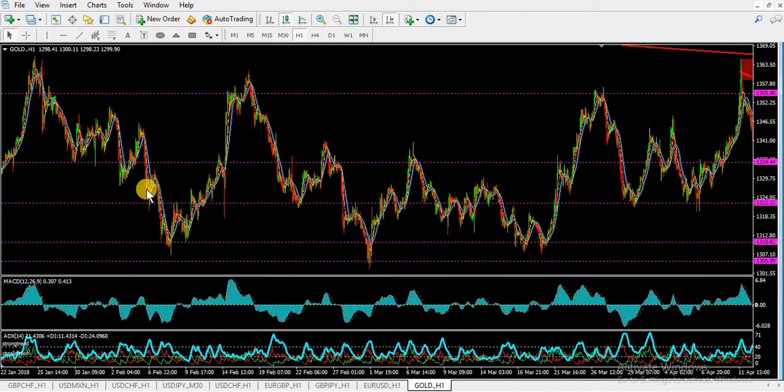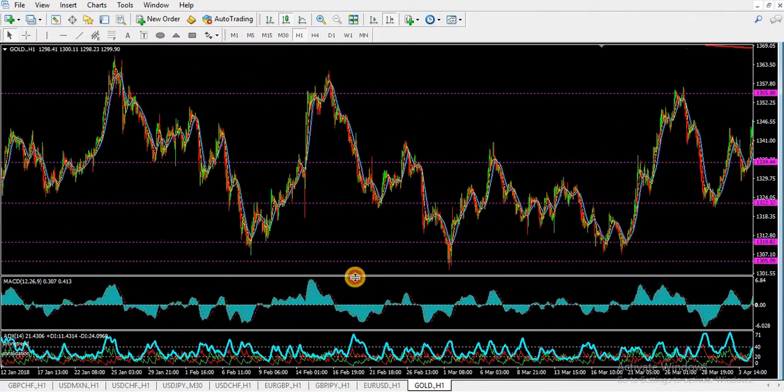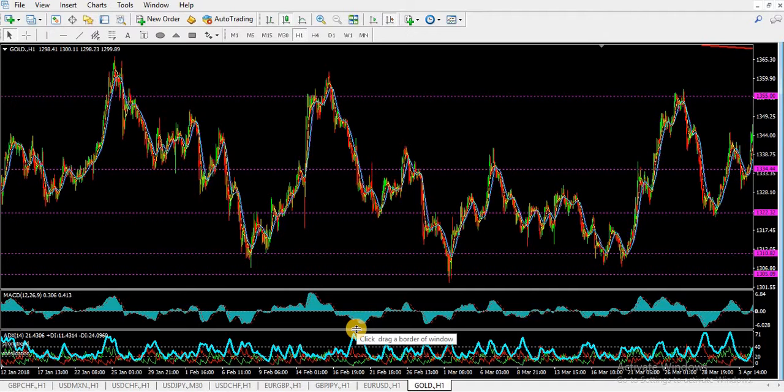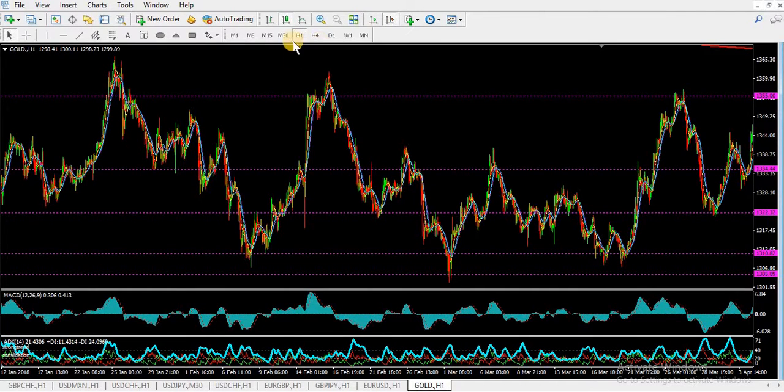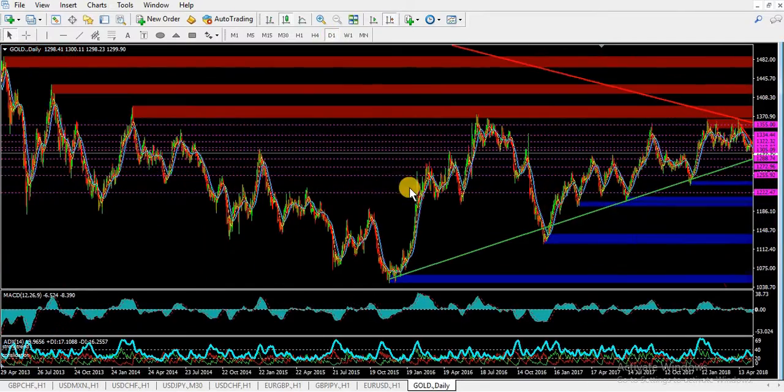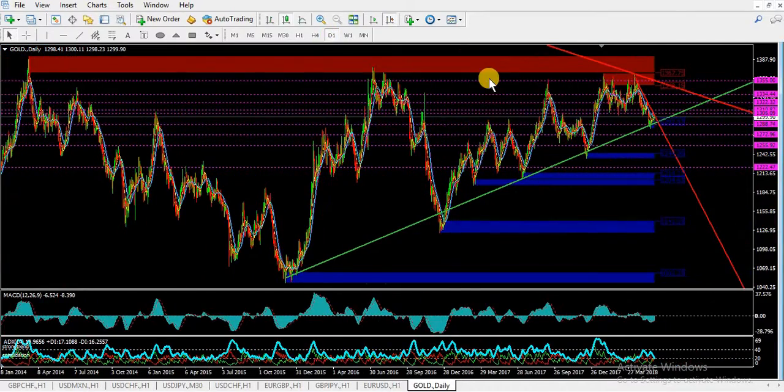So first, before you enter any trade, you need to ask, do I know my zone? What are the parameters? By the parameters, I mean this area that we just spotted. These are our parameters. We know that we are trading in a box zone, in a consolidation zone. That is one of our parameters.